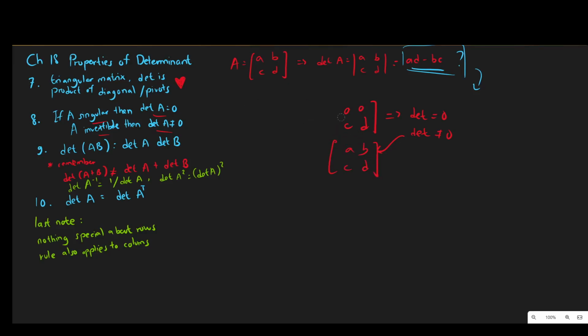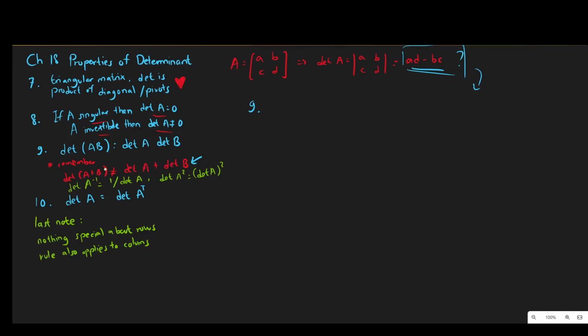Regarding property number 9, there is a proof in the book, and I encourage you to look at it if you really love to. The important point I want to mention is that this is the first time we see the multiplication property in the determinant. But remember that we don't have the addition property.